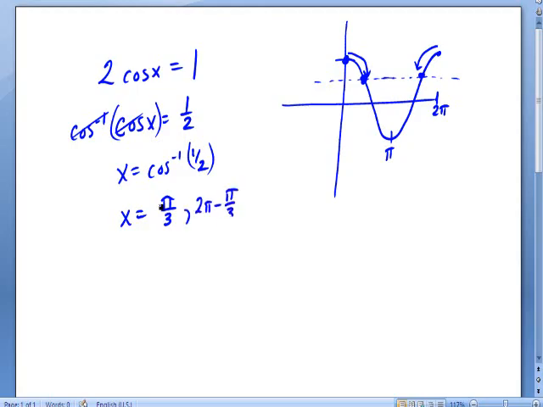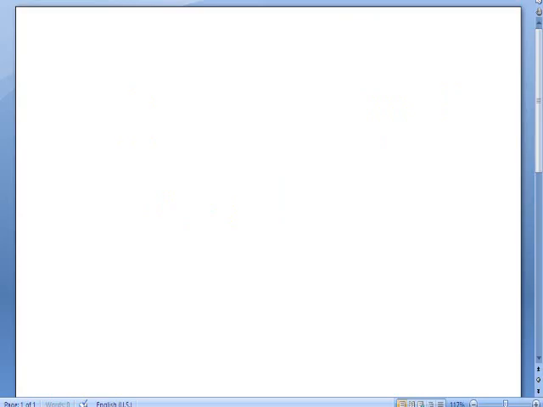So 2 pi minus pi over 3, which is equivalent to 5 pi over 3, is our other solution. So pi over 3 and 5 pi over 3 were the correct answers to this problem for all the solutions between 0 and 2 pi.